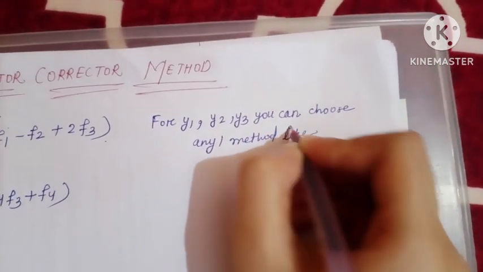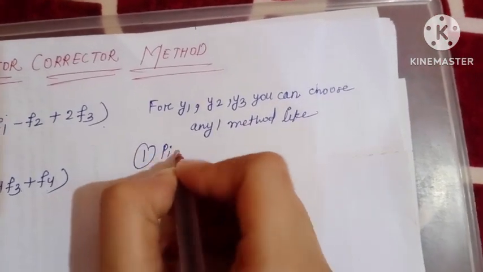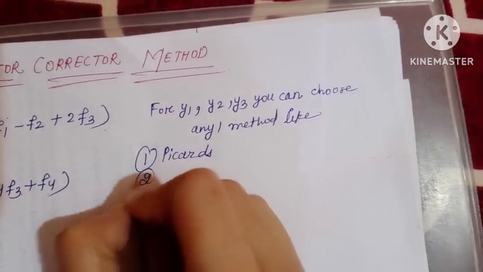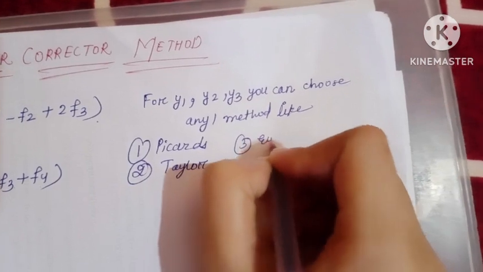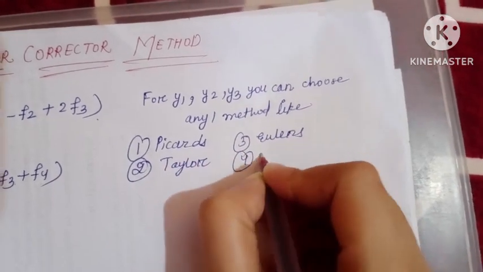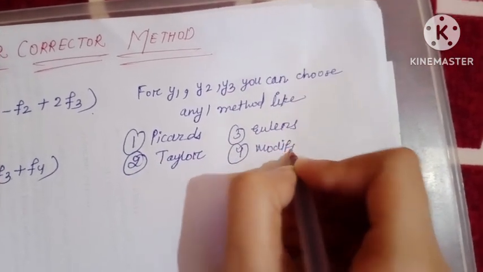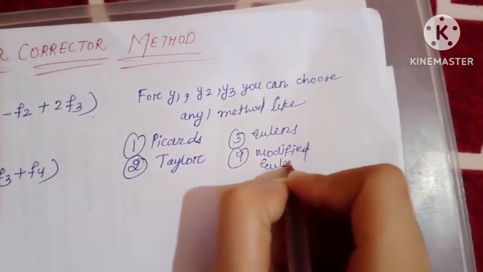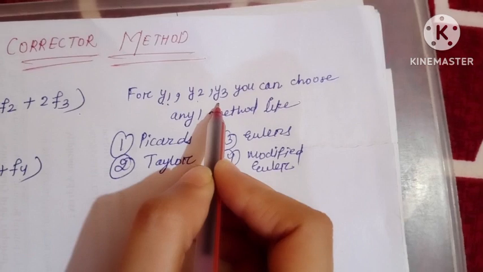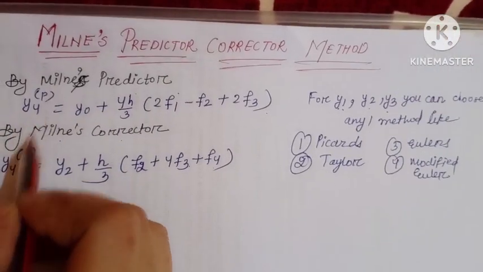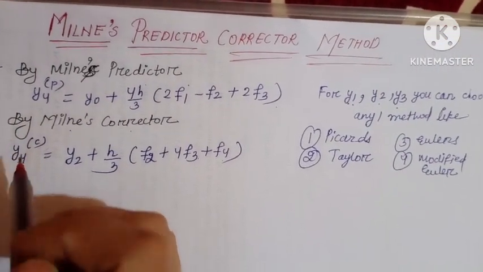Like you can choose Picard's method, Taylor series method, Euler's method, or modified Euler. Any of the methods you can take to find Y1, Y2, Y3. Then you will find Y4. So let's take an example.